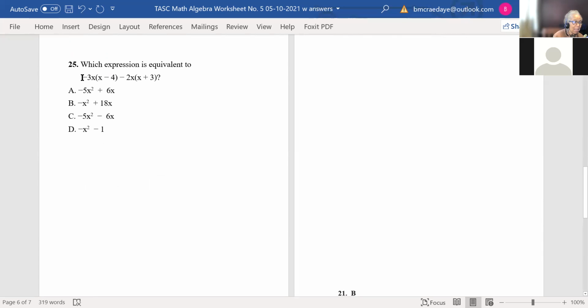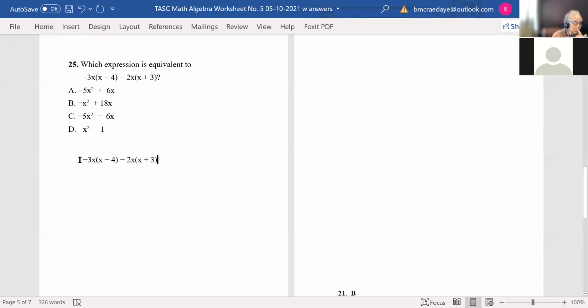PEMDAS. That's right. Got to do the parentheses first. So let's just copy this and you tell me what you get. Minus 3x times x, and then minus 3x times minus 4. So what do you get for the first one?